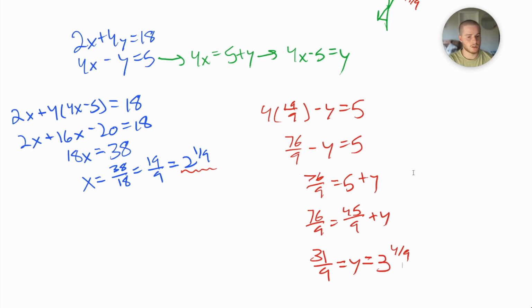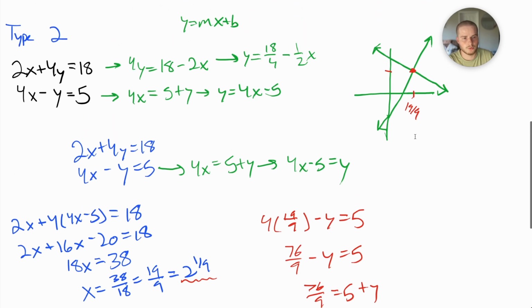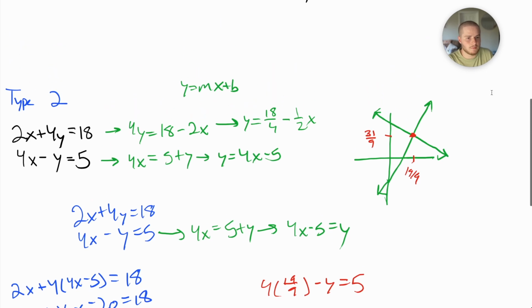So y is equal to 31/9 or 3 and 4/9. Well, we'll write 31/9, just keep it consistent with the other one. And now that we have both of those, we have the point of intersection. And that'd be 19/9 for the x, and y would be 31/9.